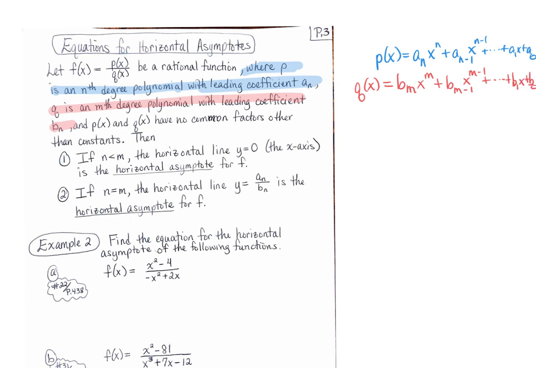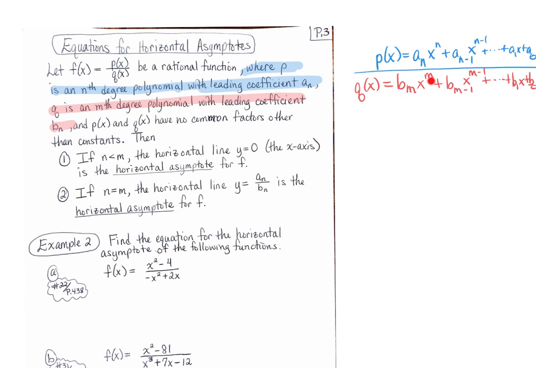So if you put P of x over Q of x, you have this polynomial of degree n divided by this polynomial of degree what? M.